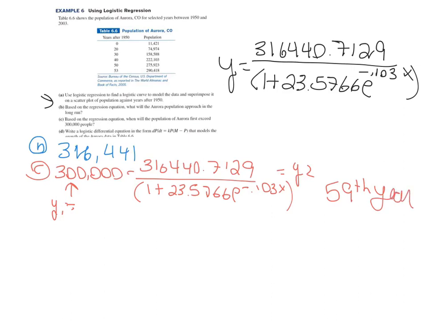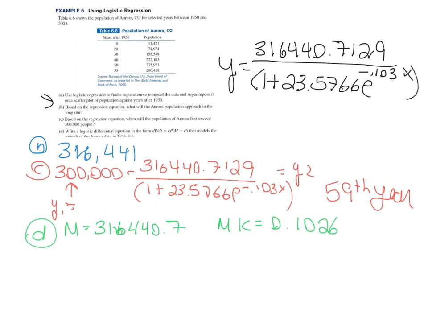And then we want to do D. And for D, we know that M is equal to 316,440.7, and we know that MK is going to be 0.1026.